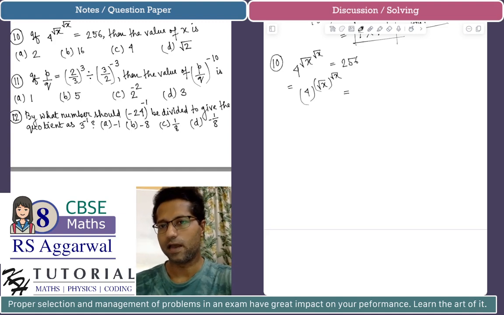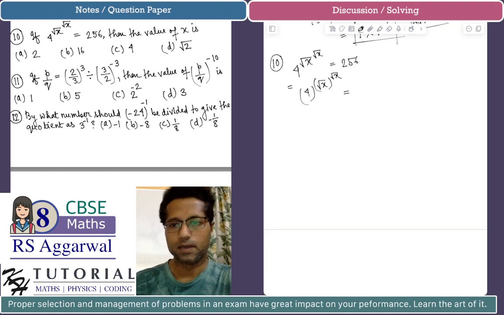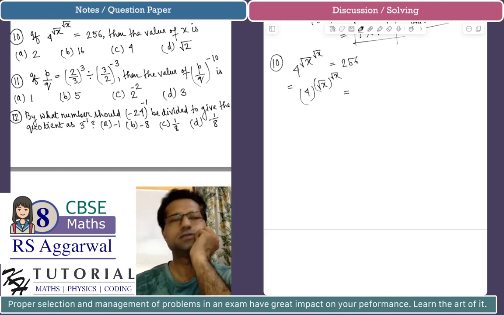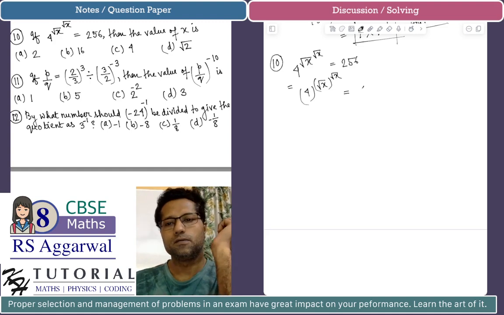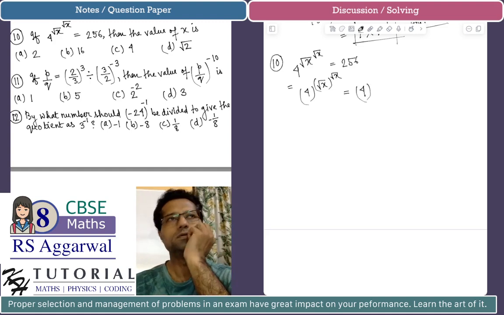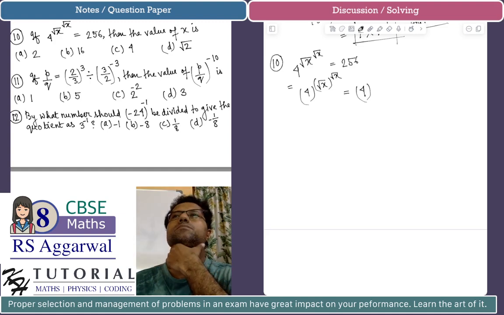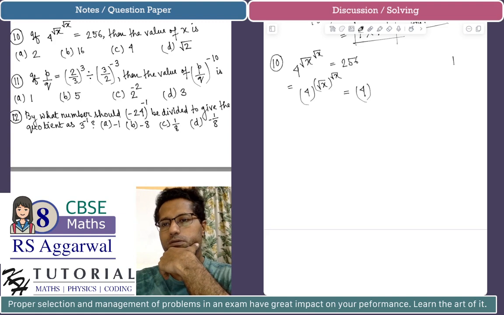So the right hand side I have to express as an exponential term with base 4, and I know that 256 will be 4 raised to the power how much? 256 is 16 into 16, I guess. 16 times 16, yes, 256.